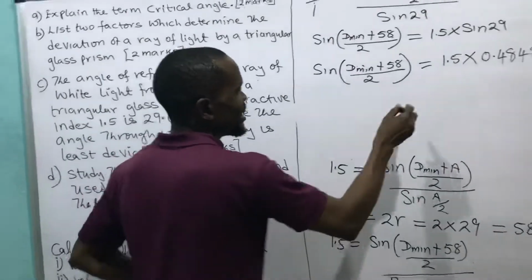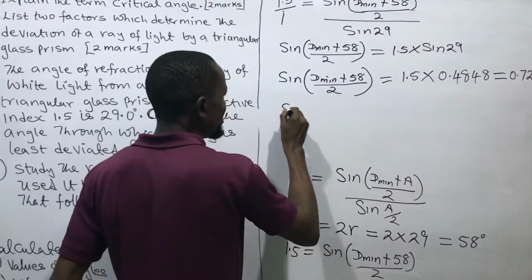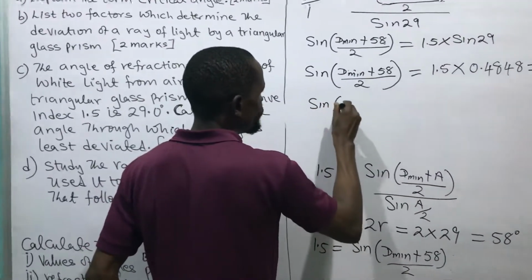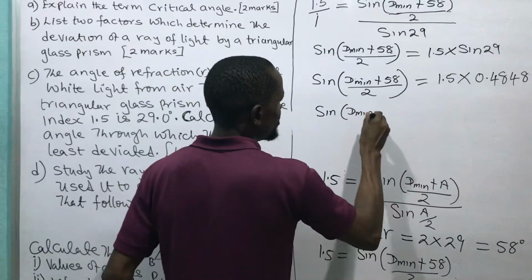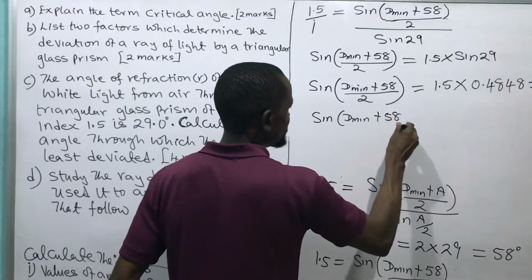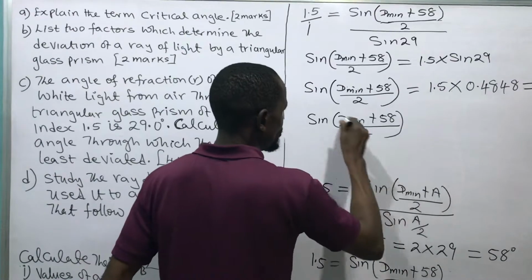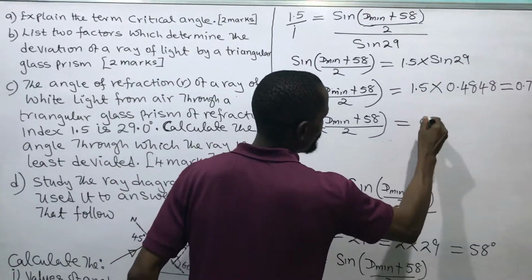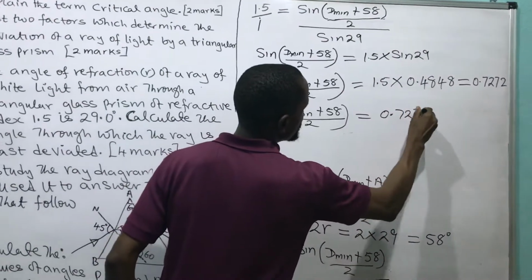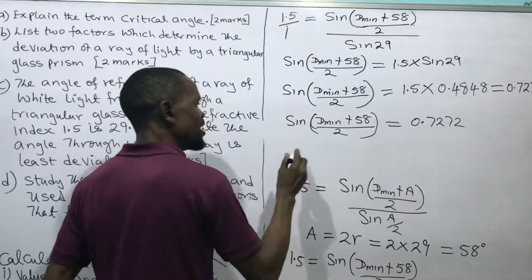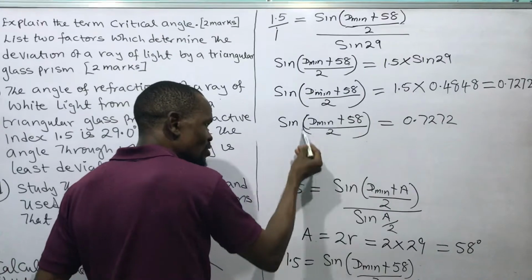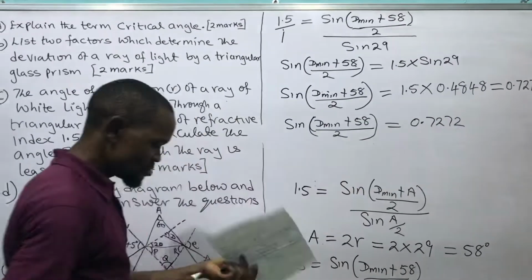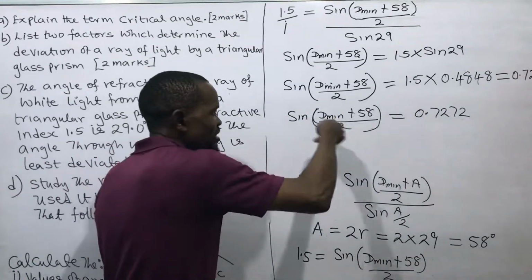So when we multiply that, I have now sine of (dim plus 58) all over 2 equals 0.7272, right? Then right now, look at this angle. You know that all this place is an angle.